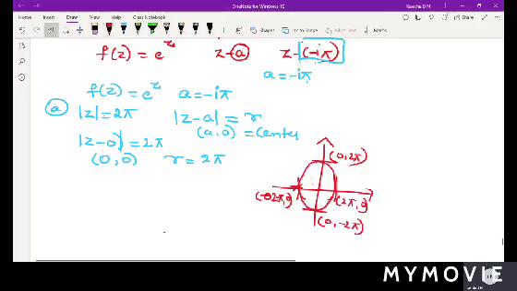We draw the circle using the condition mod of z is equal to 2 pi.